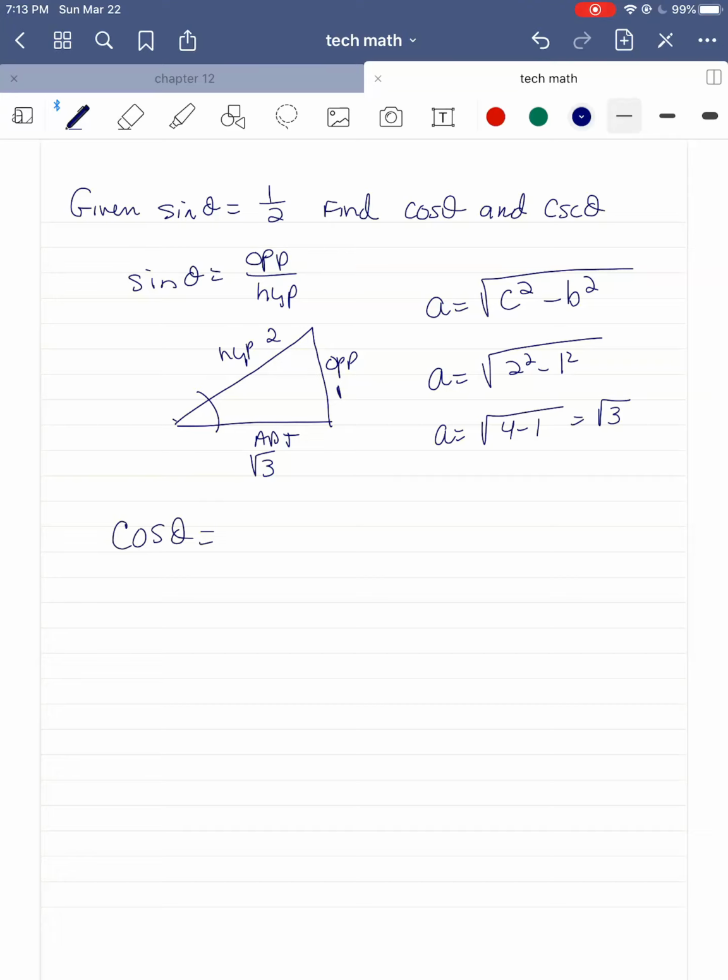This problem only wants me to find cosine and cosecant. Cosine is adjacent over hypotenuse, so it's going to be root 3 over 2, and cosecant is the reverse of sine, and sine is opposite over hypotenuse, so this is going to be 2 over 1, which is just 2.